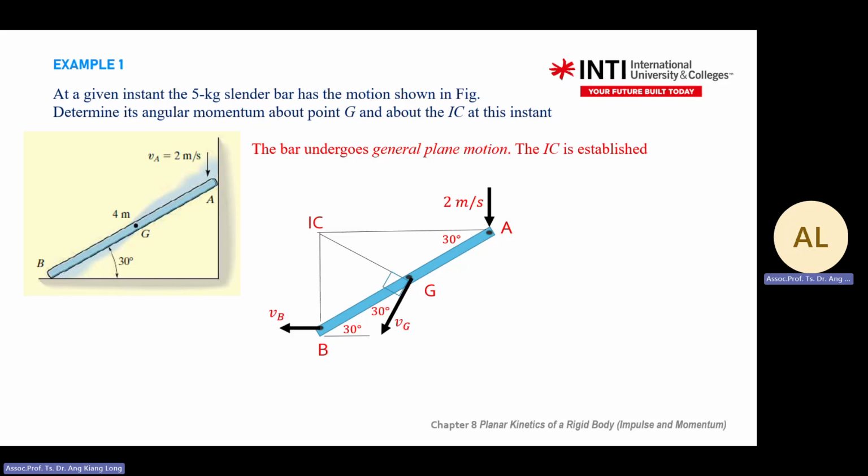Your body velocity will drop 30 degrees in this direction. 30 degrees, 30 degrees. This one you go home and think a bit.